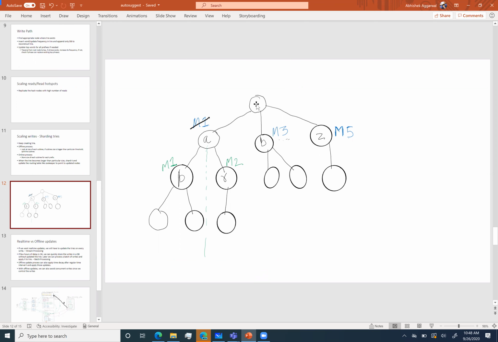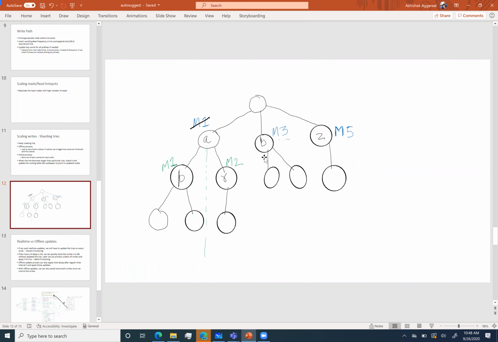The end-to-end flow will be that for the right path, you will see A, then P, you will match AP. So you will know that the trie starting with AP lives in machine M1. Now you will go to machine M1, and it will have the entire trie which starts from AP. There you will see if Apple Store exists or not.